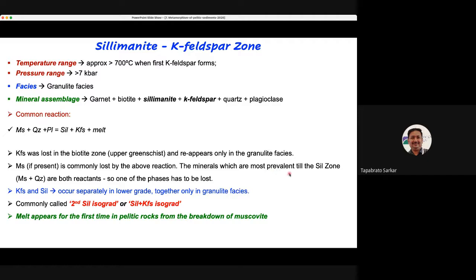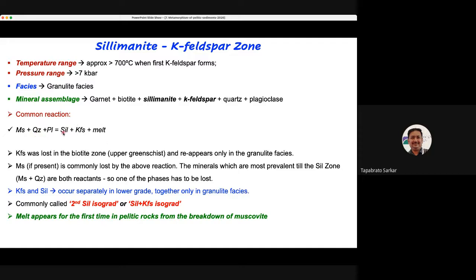The minerals which are most prevalent till the sillimanite zone, muscovite, quartz, and plagioclase, are the only reactants. Muscovite is definitely lost, and quartz and plagioclase decrease.